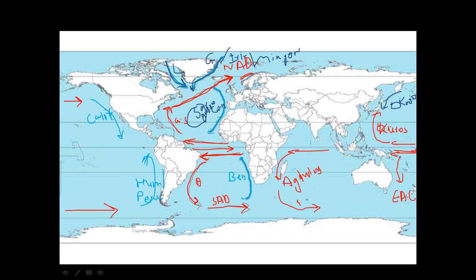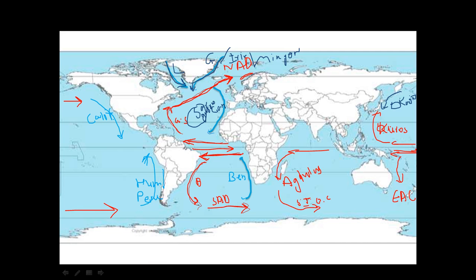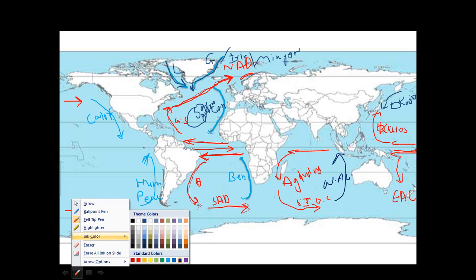It will be the South Indian Ocean current, and now this current will change its direction like this. It will be a cold current. This is the East Australian, this is the West Australian current.